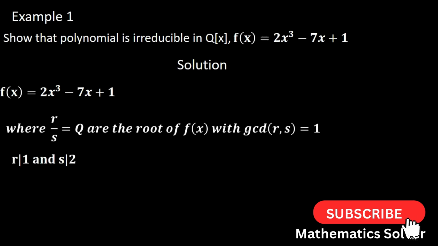Then r divides 1 and s divides 2. Hence, r is equal to 1, plus or minus, and s is equal to 1 and 2, plus or minus.